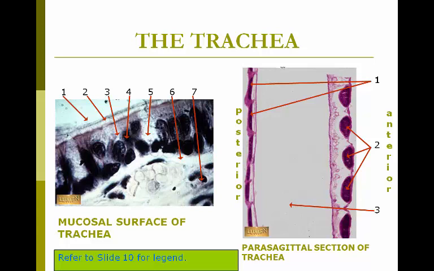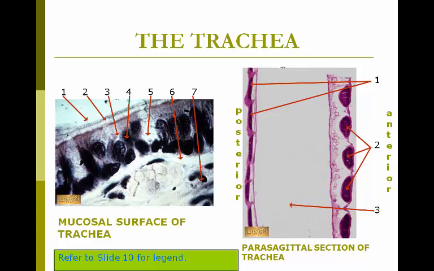And so I believe then that number 3 is pointing to one of those pseudostratified ciliated cells, with number 4 pointing to a nucleus of one of those cells. Number 5 is pointing to what we call a goblet cell or mucus cell.